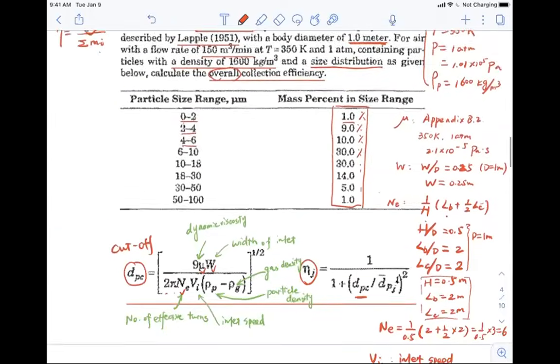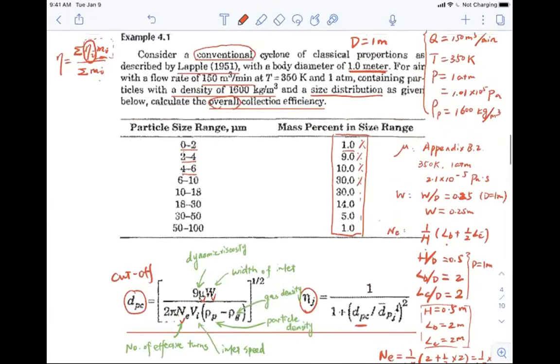Further, if you look at this problem, it mentioned the flow rate, which is 150 meter cubed per minute, right? We mentioned that for this equation we have to use standard units. The minute is not a standard unit, so we have to convert it into seconds. 1 minute is 60 seconds, so that's basically 150 meter cubed divided by 60 seconds.